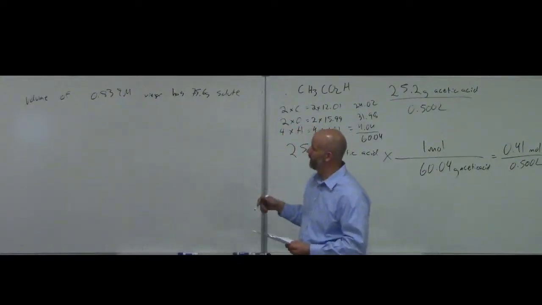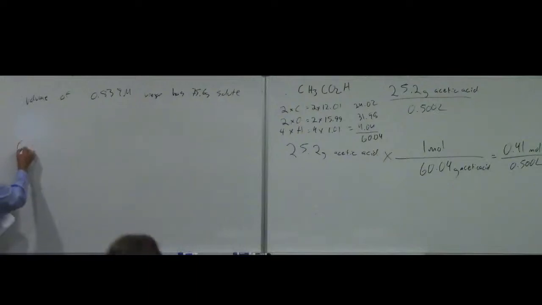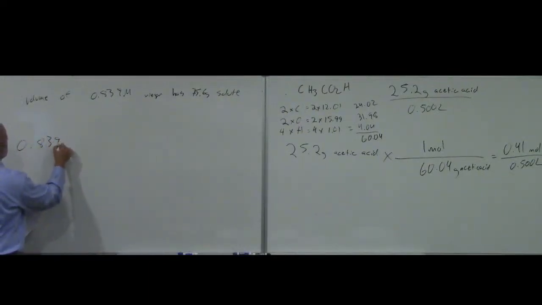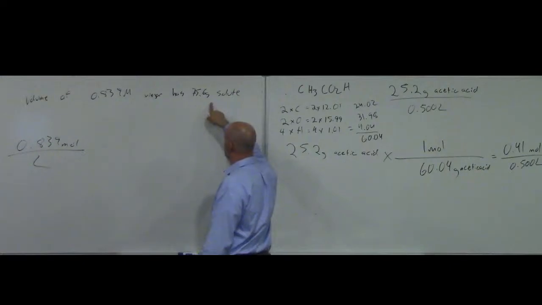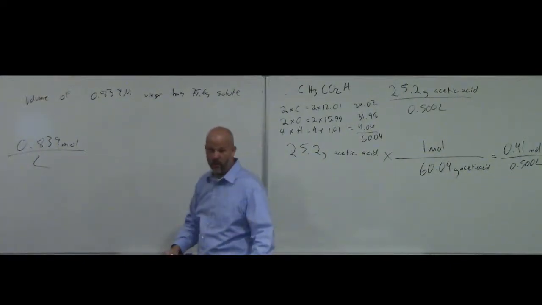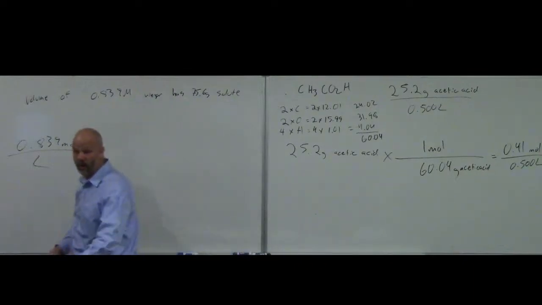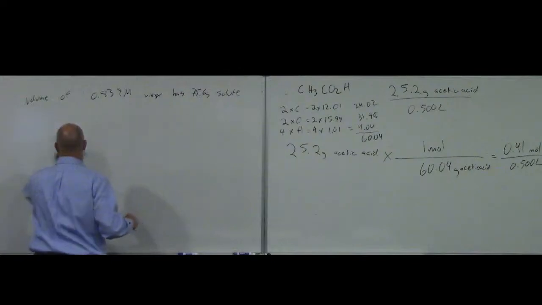So I've got my molarity, right? 0.839 moles per liter. I want to know how much 75.6 grams of solute is. I probably started on the wrong end of this. I probably need to get from grams to moles. So let's work backwards real quick, okay?